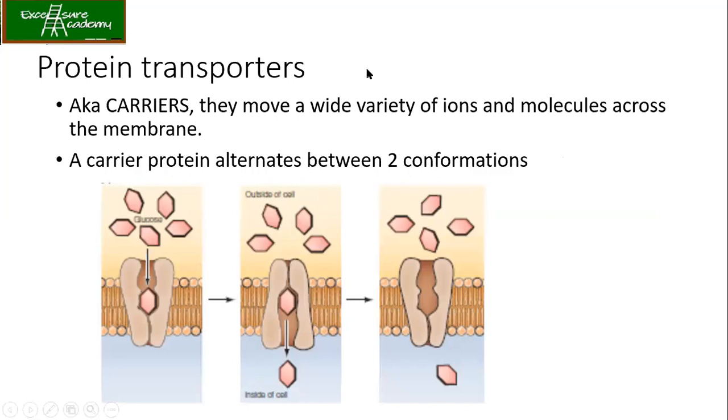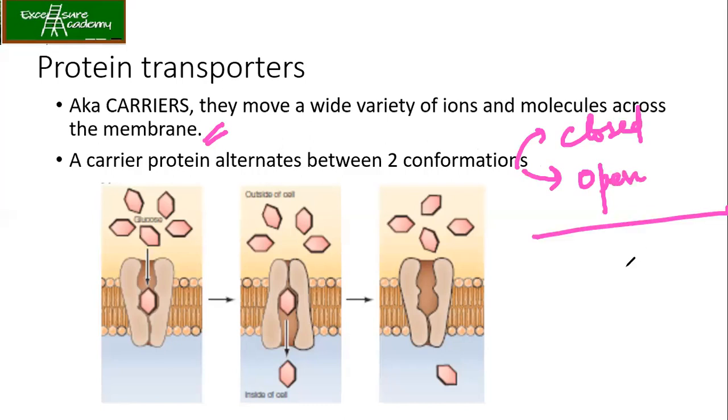Protein transporters are also called carriers, and they help a wide variety of ions and molecules to cross the membrane. Now there are two conformations. In a few cases, they are called closed state or open state, whereas in certain textbook references, you can see they are called relaxed state and tense state.